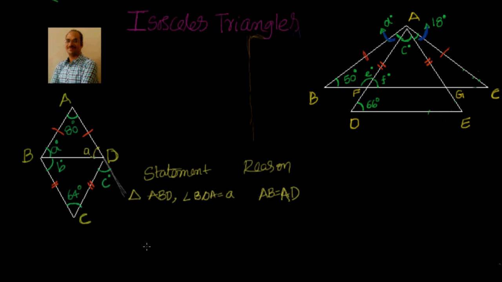Now what this gives me is that I can apply the sum of all the angles of a triangle equal to 180 degrees. So I will say A plus A plus 80 is equal to 180. This is nothing but sum of angles. The sum of angles of a triangle should add up to 180 degrees.